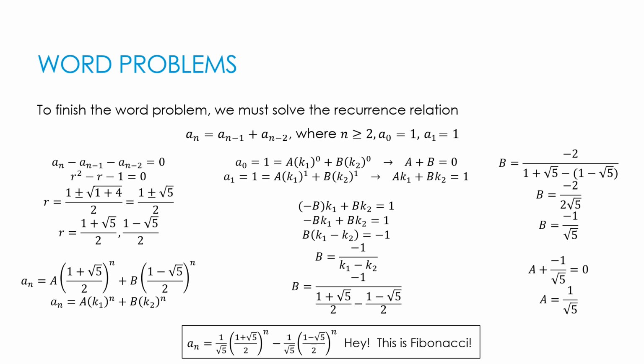And our roots in this case happen to be complex numbers where we've got some radicals and things like that. So as I continue through all of the math, it's really just algebra. Again, really easy to make a mistake, but all it is is just algebra. So I'm going to leave that up there for you to take a look at. But remember, when I get to the end, I have essentially solved for the Fibonacci sequence.